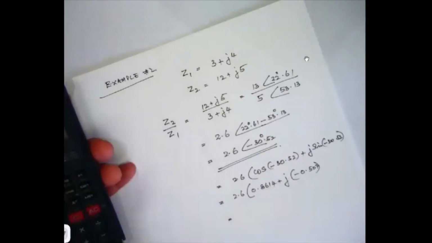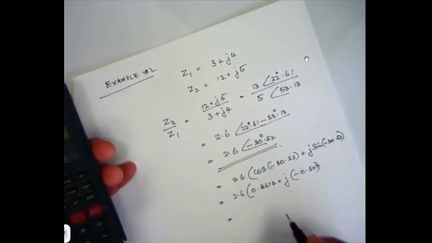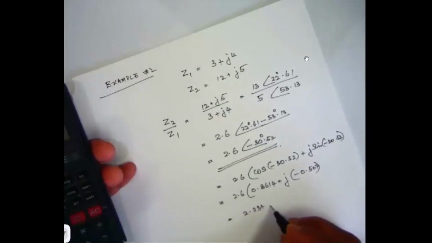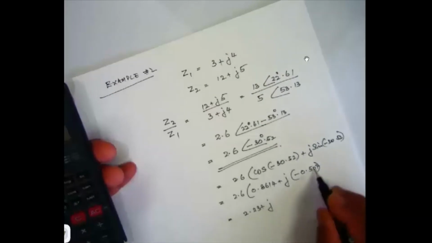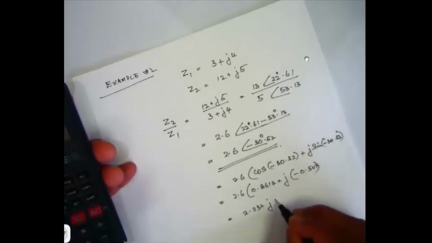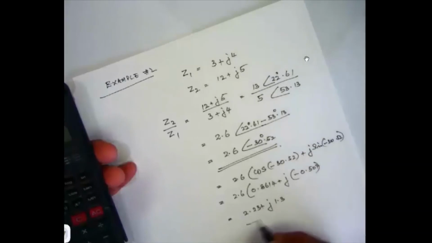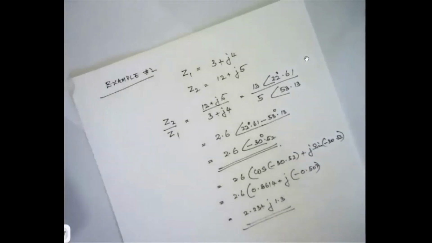So when you multiply by 2.6, 0.8614 multiplied by 2.6 gives us 2.23 plus j, 2.6 multiplied by almost half, so that is 1.3. So that's the answer.